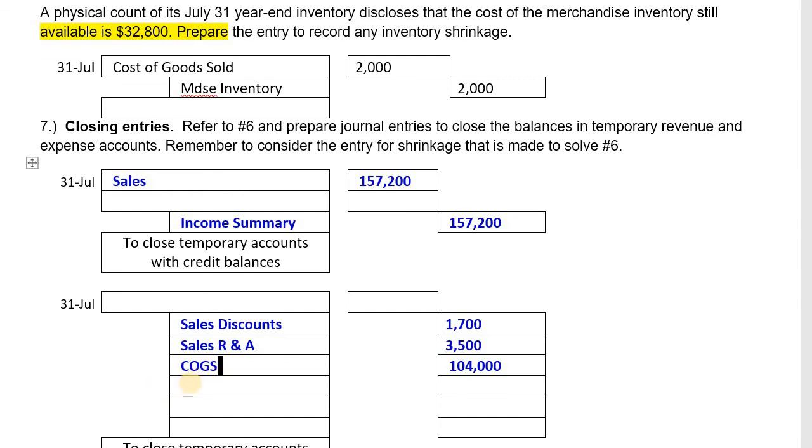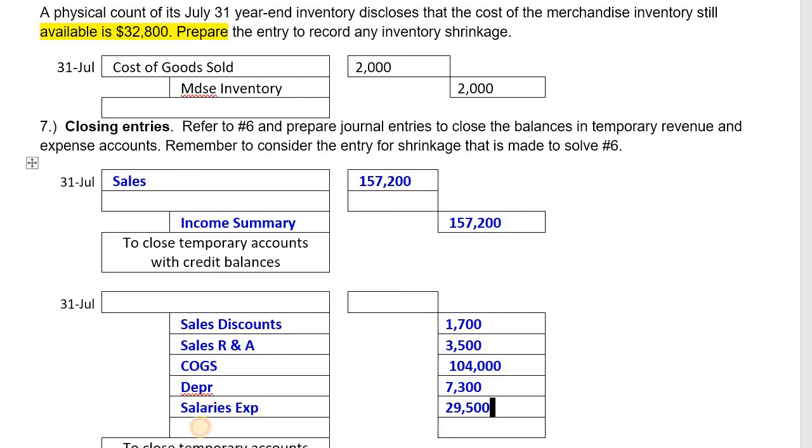What's next? Depreciation. Let's close that. 7,300. Salaries expense. 29,500.